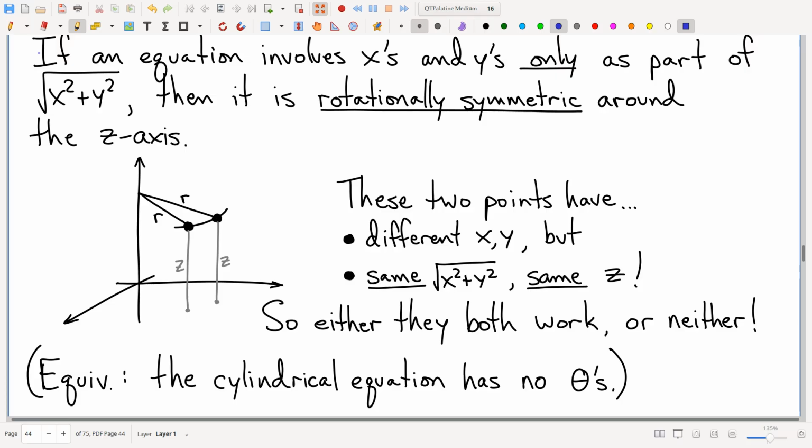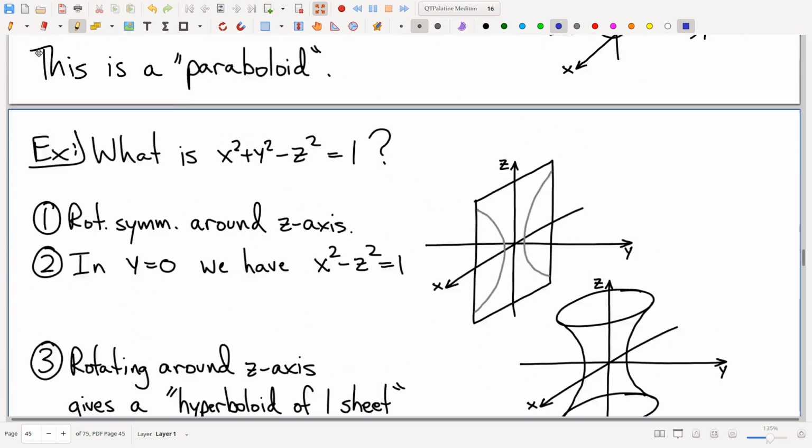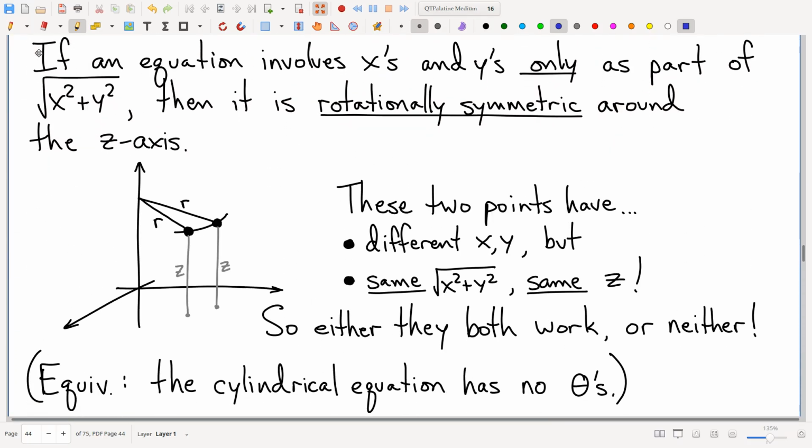And if y and z appear in the special form, we're talking about distance to the x-axis. So there are two analogous theorems, and I think it would be a lovely exercise to think through this picture. How would this picture change if you're making a rotational symmetry argument about the x-axis instead of the z-axis? How would it change if you're arguing around the y-axis? Think it through, draw the picture, persuade yourself of how those theorems work.